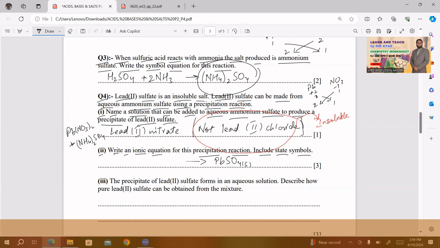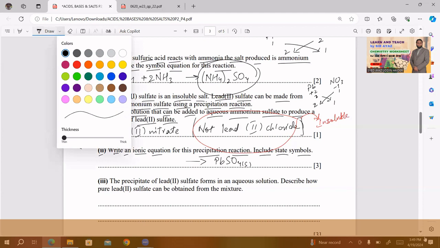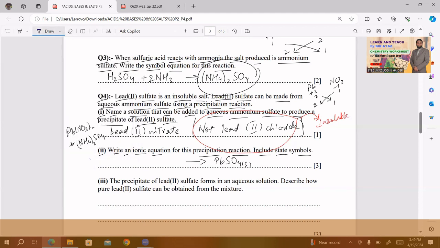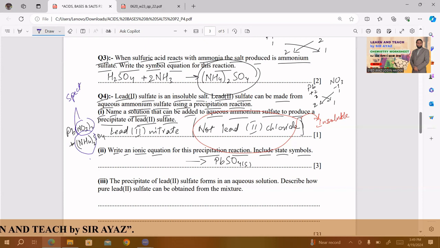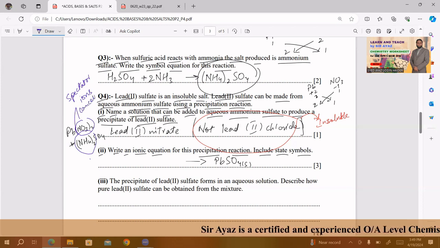So you will cancel out the spectator ions on both sides of the equation. These two ions are spectators. Spectator ions cancelled out.